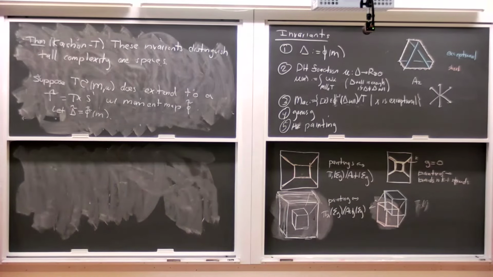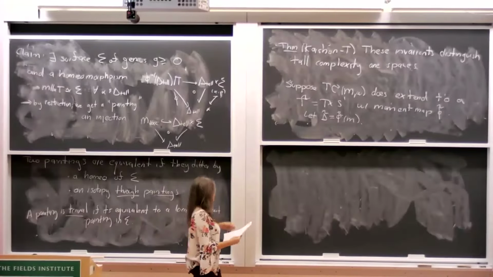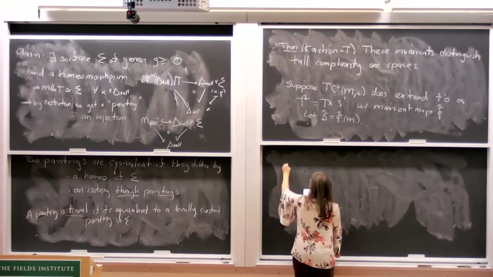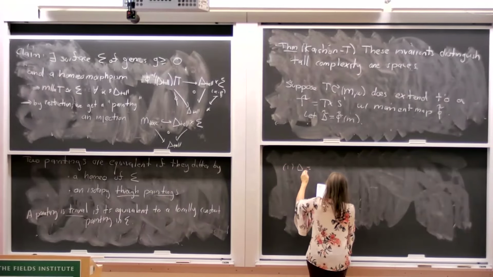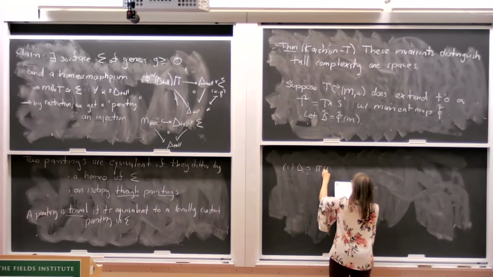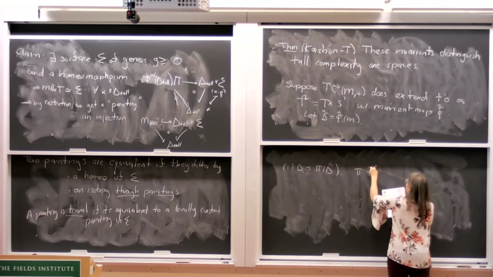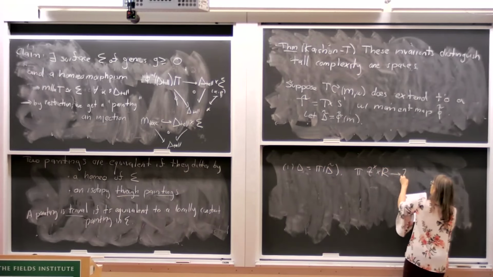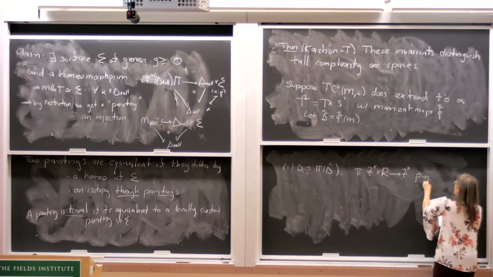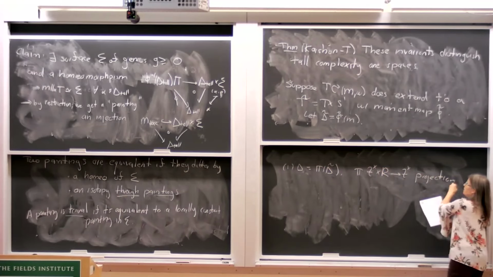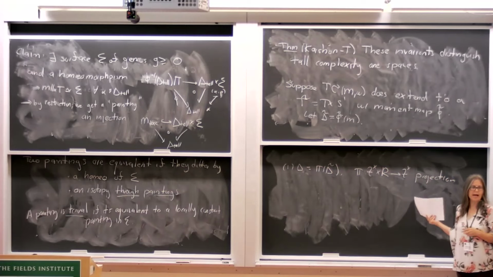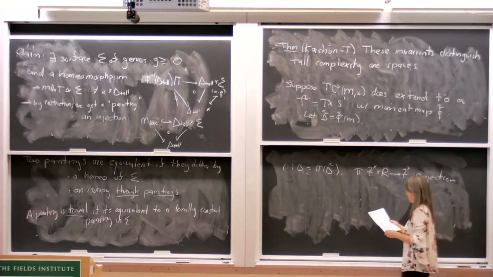Okay, so I'll read off some of the invariants. I'm not going to read off all of them, maybe. I get the moment polytope just by projecting the original polytope.